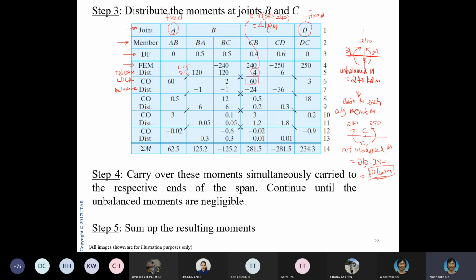I already established I'm not releasing A, I'm not releasing D. I only release B. Now look at B when I release. Look at these two. When I release here, this is B. I have -1, so I will put 1 here. And I have -1.